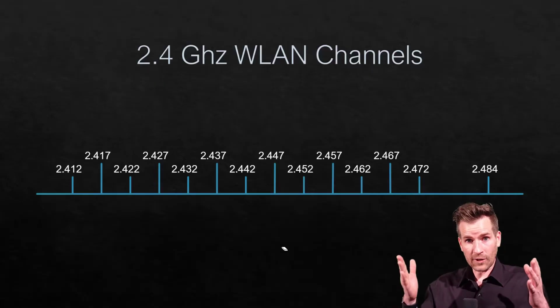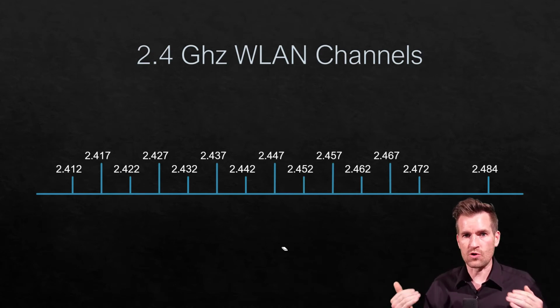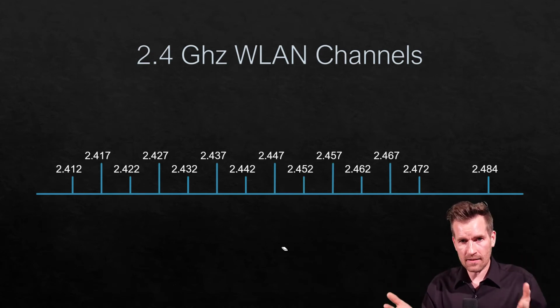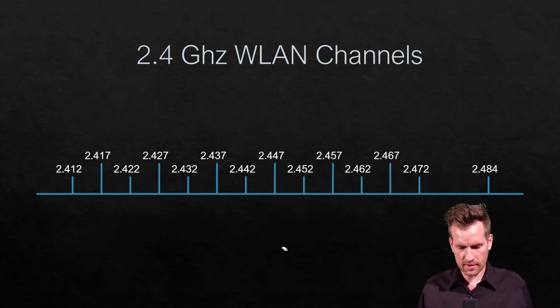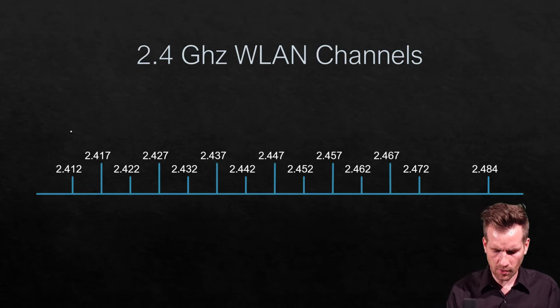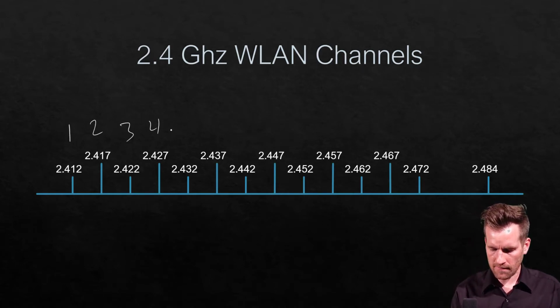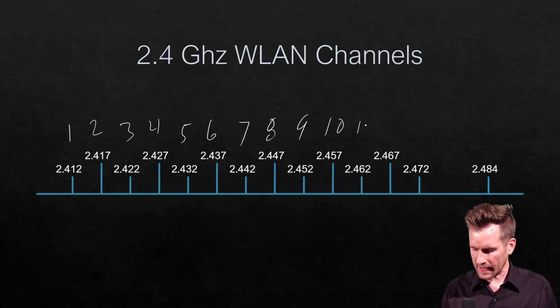So the 2.4 gigahertz frequency is an actual range, a band that's open that you don't have to have a license to use. And so that's one of those Wi-Fi networks that are used out there. And Wi-Fi is built into channels. So let's say this is channel 1, this is channel 2, 3, 4, 5, 6, 7, 8, 9, 10, 11.